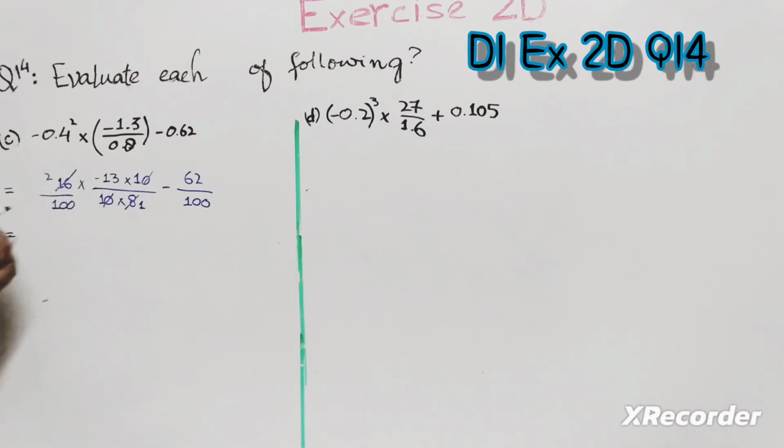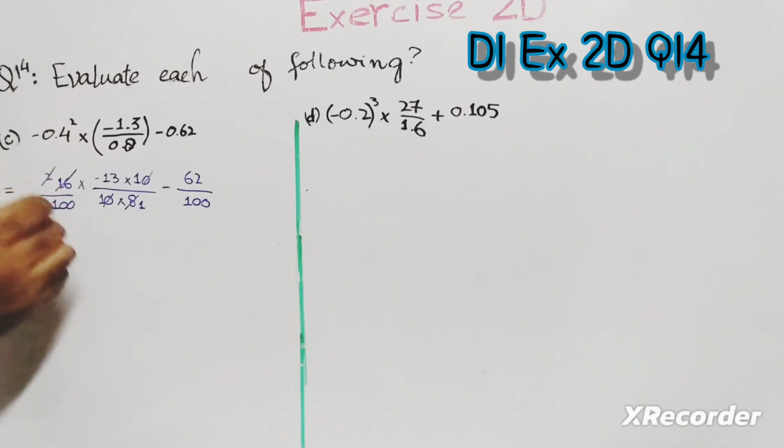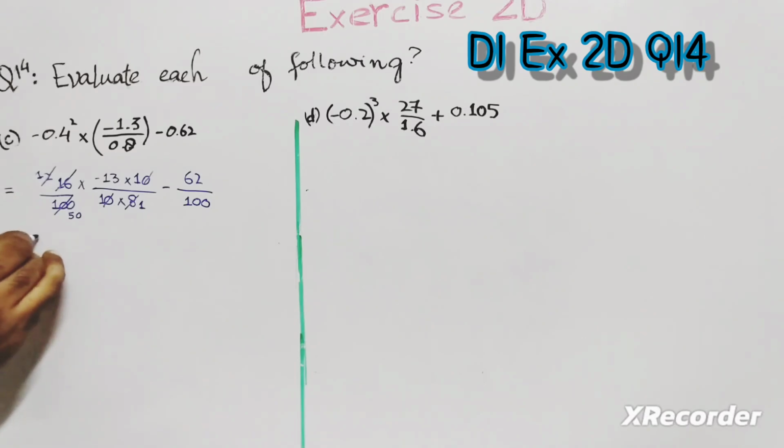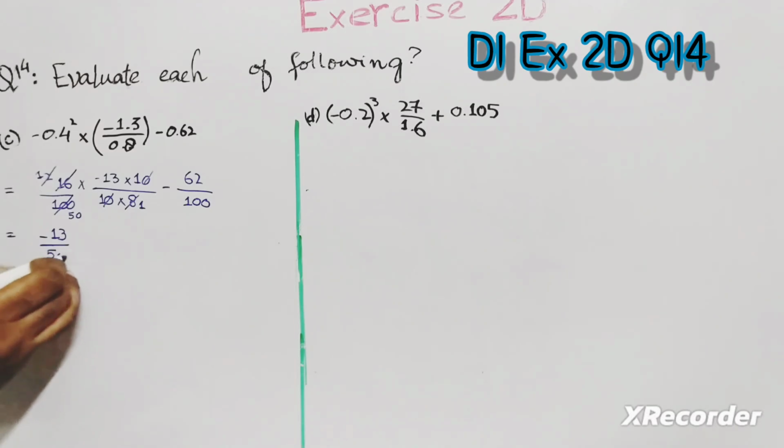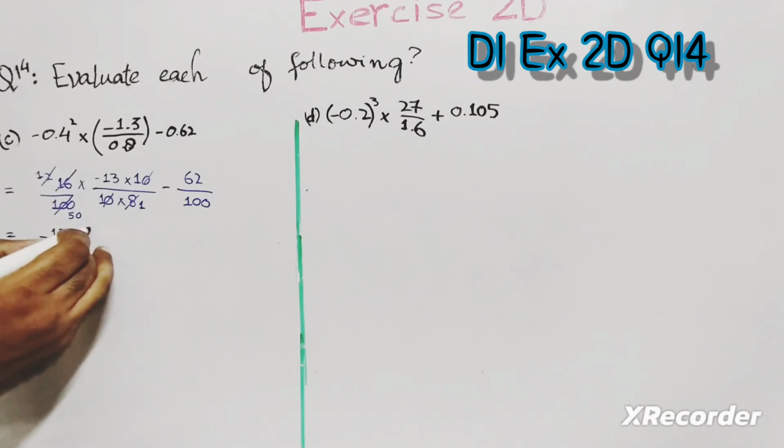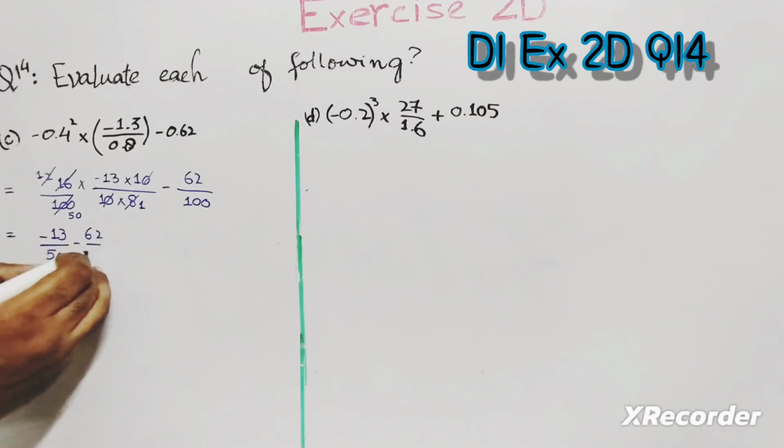So what we get is 2 multiplied by minus 13, or we can cut 2 with 52: 2 times 1 is 2, 2 times 50 is 100. So what we get is minus 13 divided by 50, less 62 divided by 100.